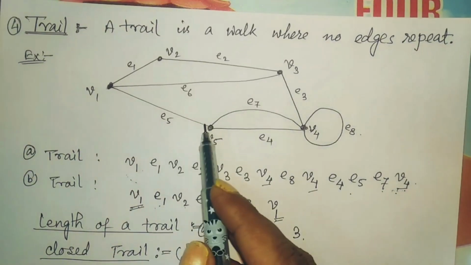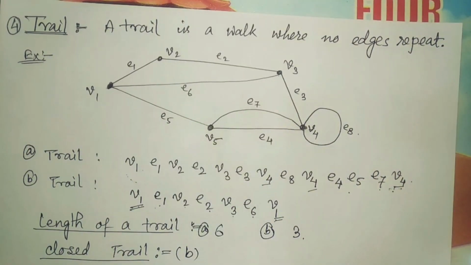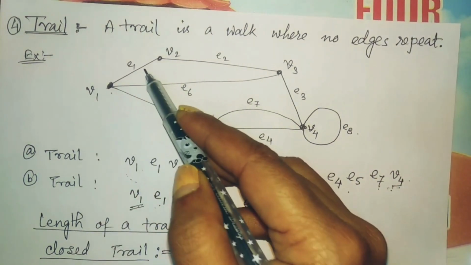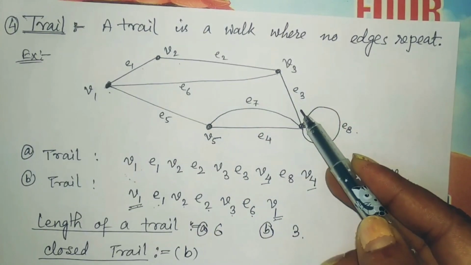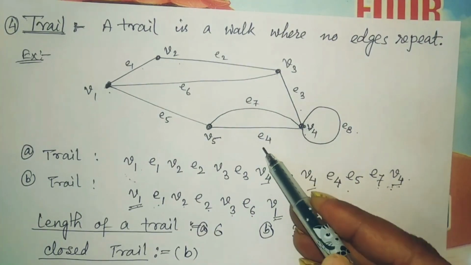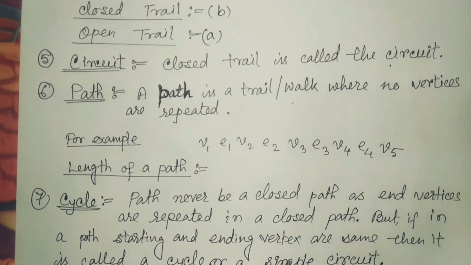For example, if we have the same graph, then we can consider a path like V1, E1, V2, E2, V3, E3, V4, E4, V5. So look, this is a path we may consider.